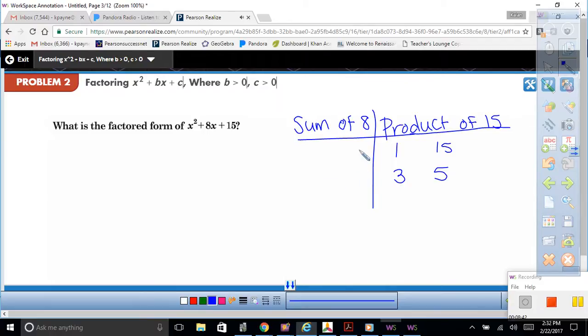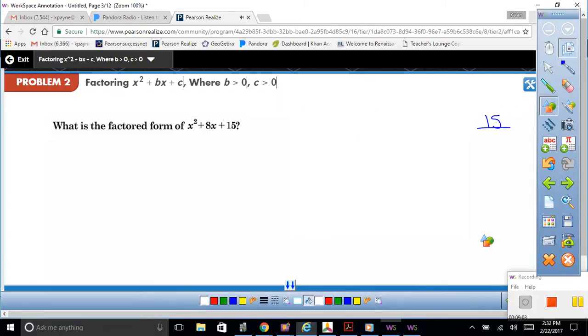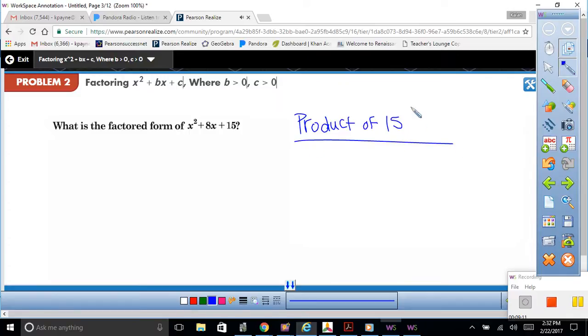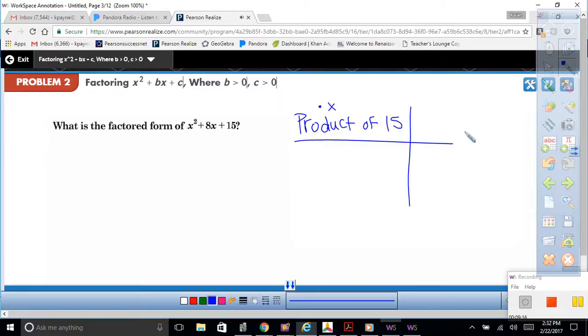And actually, I'm going to redo this. I'm going to do this the opposite direction. I think it makes more sense. So we're looking for a product of 15, and a sum of 8. And so again, we said the factors of 15 are 1 and 15, 3 and 5.